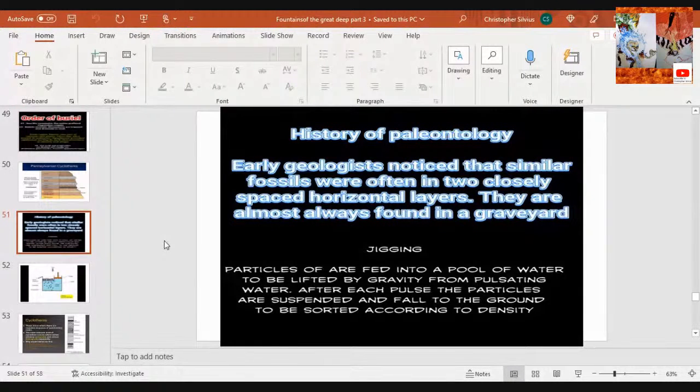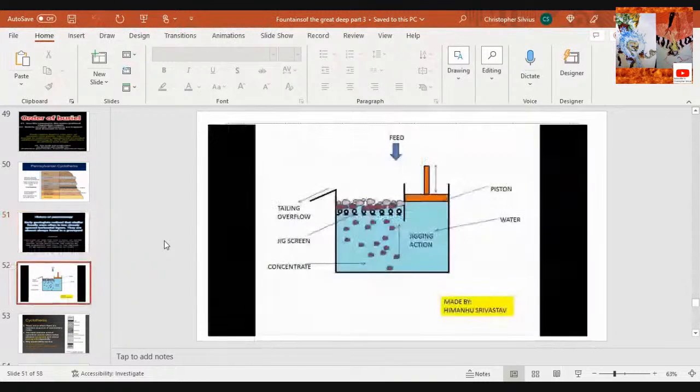You can look at a principle of jigging, they use in the oil industries and stuff. Particles of rock and dirt are fed into a pool of water to be uplifted by gravity from pulsating water. After each pulse, the particles are suspended and fall to the ground to be sorted according to density. So this is what it looks like. You take a piston, you force the water down, and then it comes up to the other side of this chamber and forces water up through those minerals.